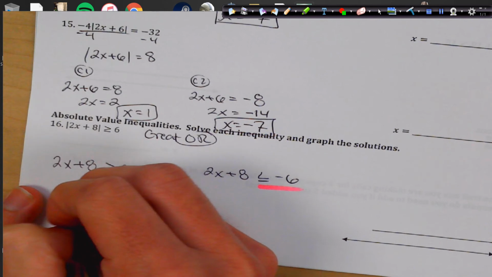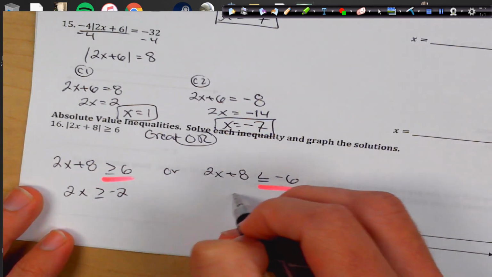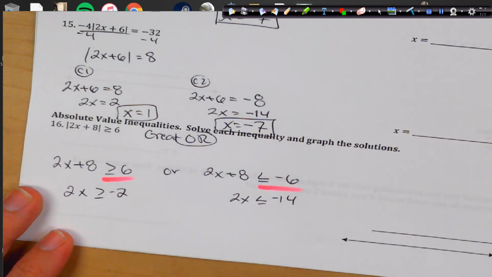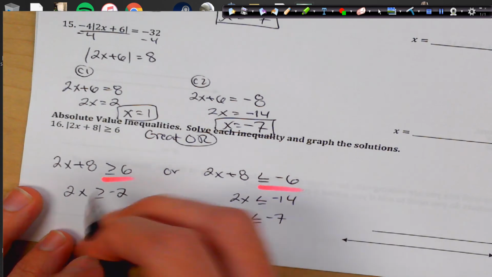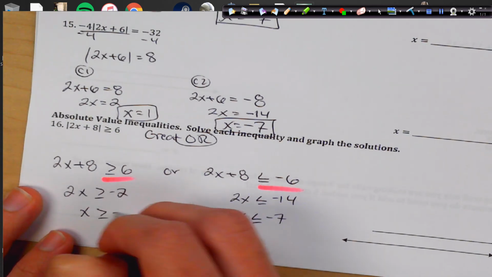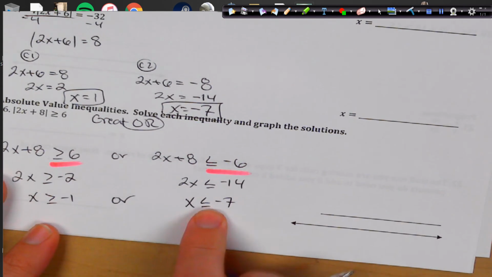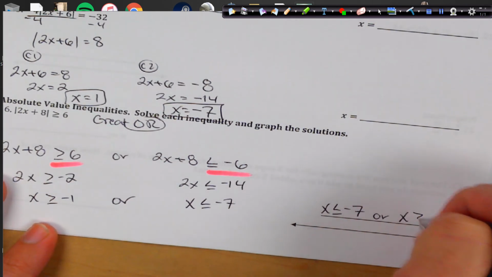So we'll go ahead and solve. Subtract 8, subtract 8, divide by 2, divide by 2. Write the word or, smaller number on the left, larger number on the right.